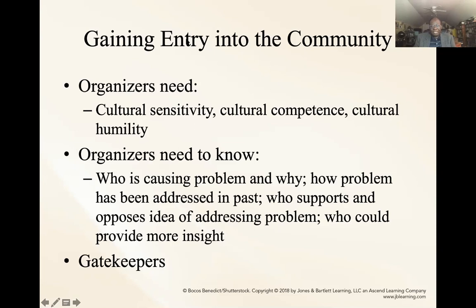Develop cultural competence and also cultural humility. Don't make the assumption that, oh, I've gone to college, I've taken some cultural classes, sociology classes. Most of the time, what you learn in the books will give you an idea.